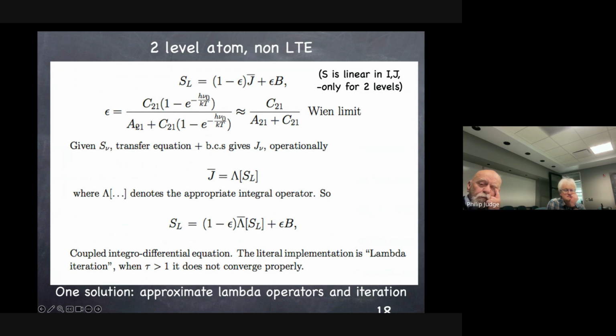This is the escape part, where it escapes locally, maybe it gets absorbed again, etc. This is a measure of how strongly the collisions couple to the radiation field. If this number is 1, the radiation is irrelevant. If this number is small, the radiation dominates.